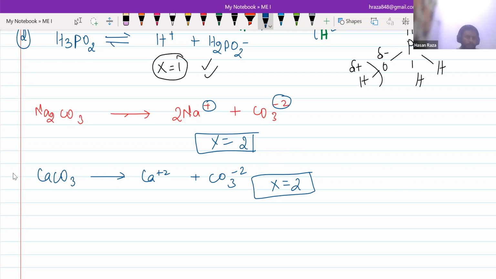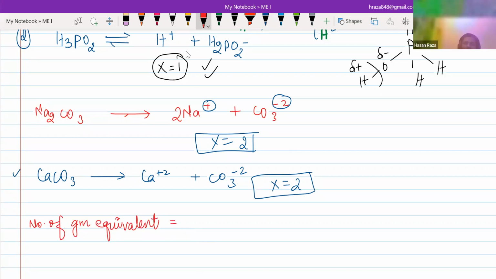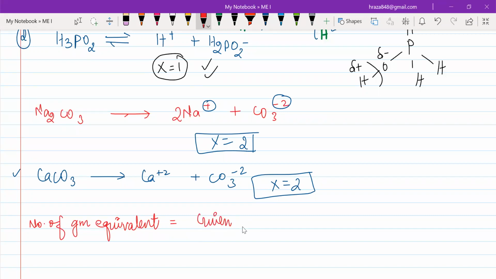Sakina, please do let me know so that we can move to the next part of normality, which is number of gram equivalent. Number of gram equivalent has a formula that is given mass upon equivalent mass.